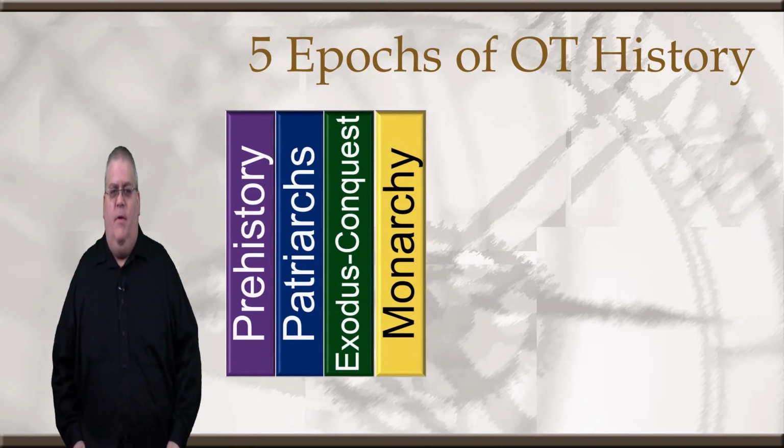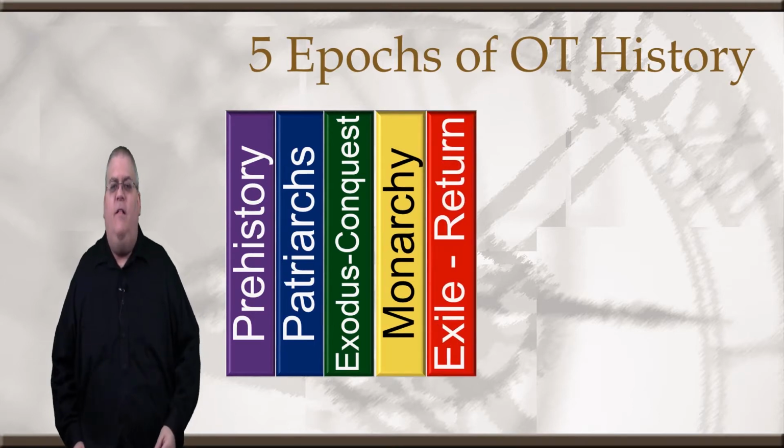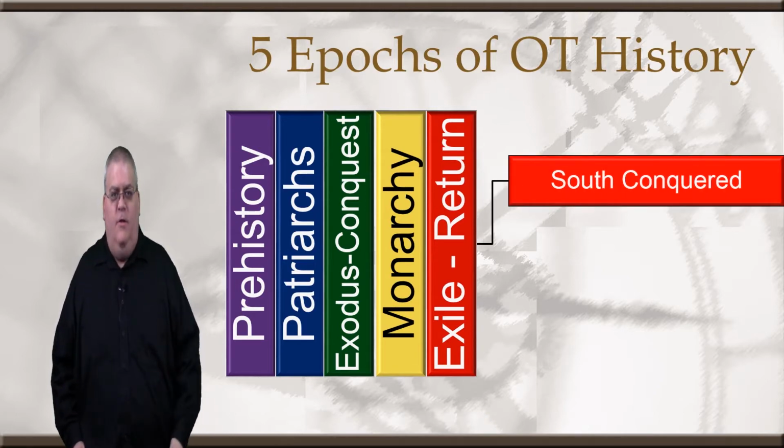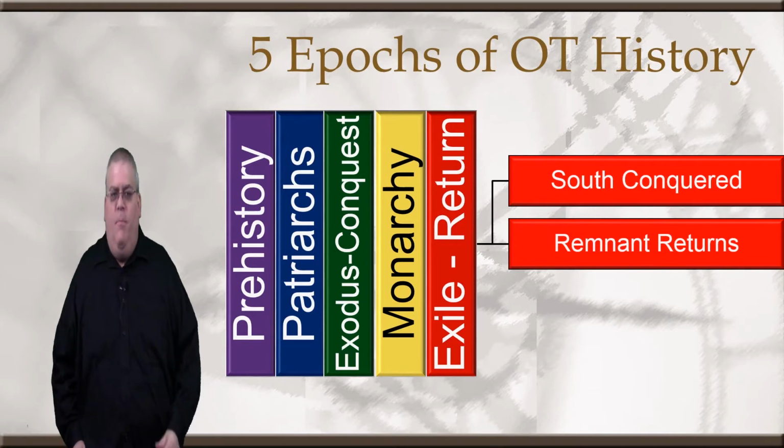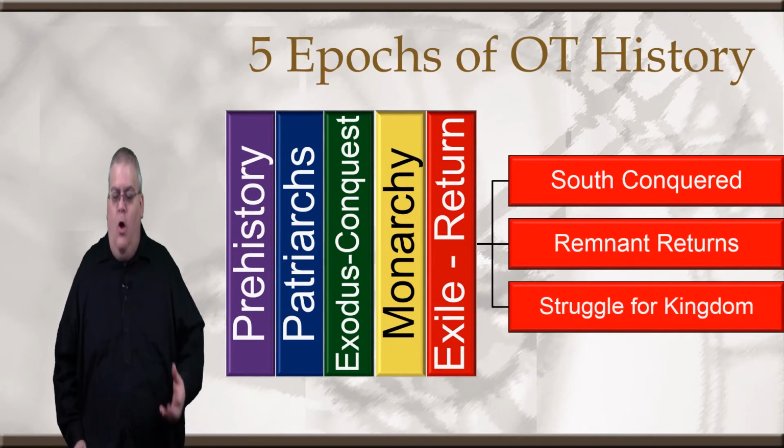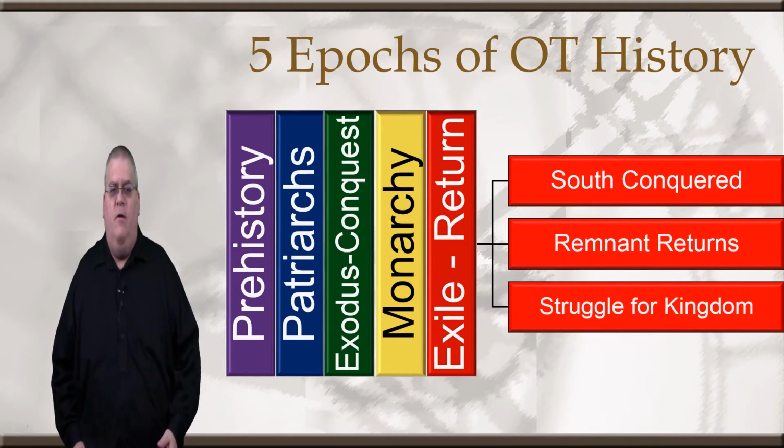And then the last epoch is the time of the exile in Babylon and return. During this epoch, the southern kingdom falls into idolatry and is taken captive into Babylon, back in Mesopotamia. And after being disciplined there for 70 years, a small remnant of the people returns to the Promised Land. And this renewal group struggles to be the kingdom of God with varied success.